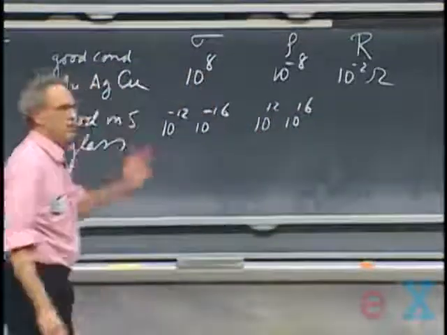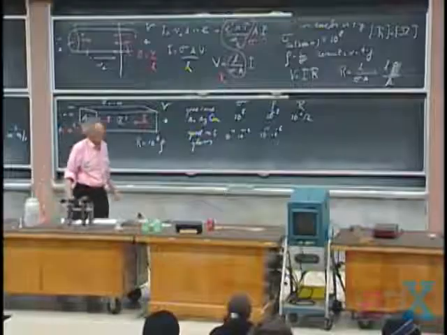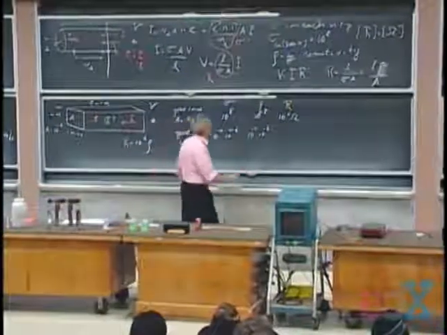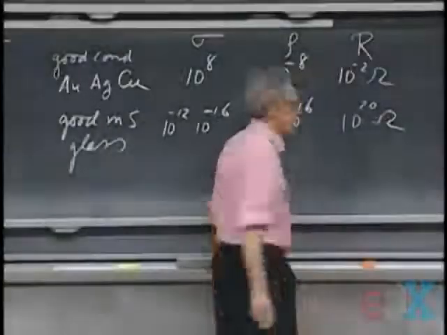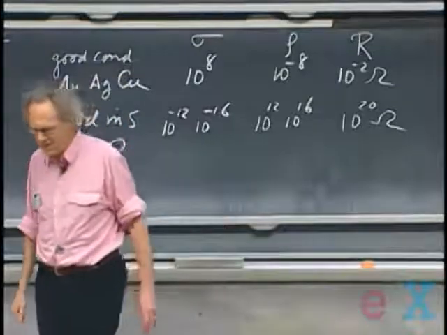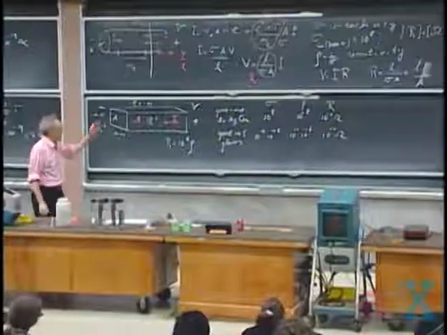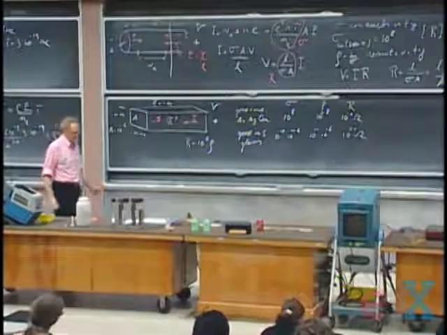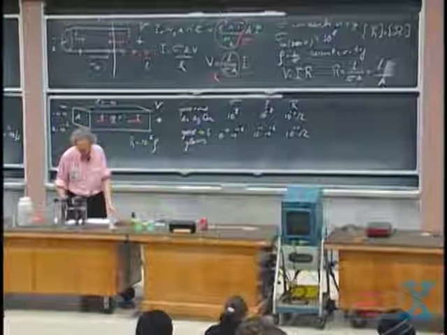And if I take 10 to the 14, I just have to grab a number, then you'll find that R now is 10 to the 20 ohms. A 1 with 20 zeros, that's an enormous resistance. So you see the difference, 22 orders of magnitude difference between a good conductor and a good insulator.